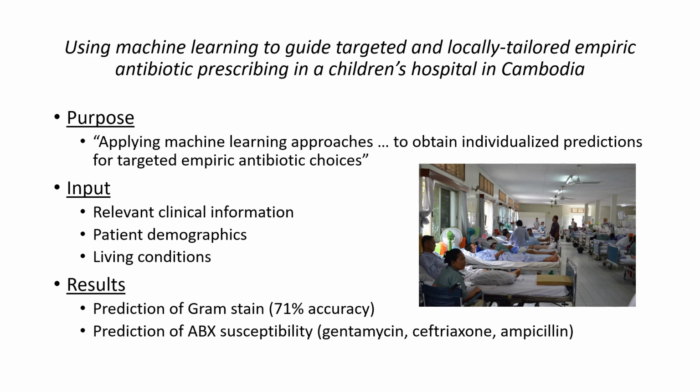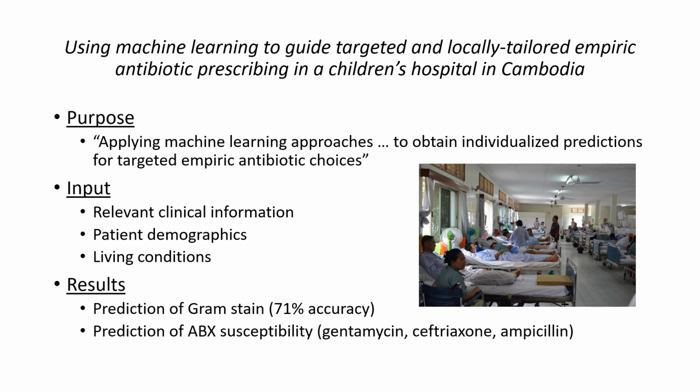Based on this input, the model was able to predict the pathogen's gram stain with 71% accuracy and predict whether the pathogen was susceptible to gentamicin with 74% accuracy, ceftriaxone with 80% accuracy, ampicillin with 74% accuracy, or none of the above with 85% accuracy.